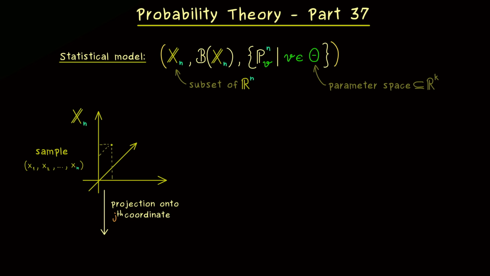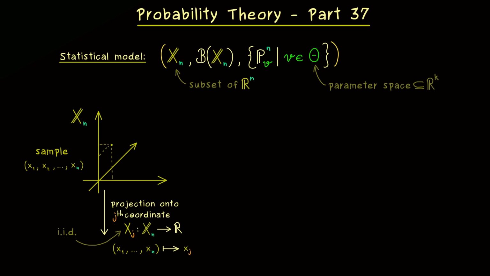So the projection onto the jth coordinate is what we can call capital Xj. And by definition, it maps the sample space Xn to the real number line. This means when you take a sample here, you forget about everything except the jth coordinate. Now, this definition is quite helpful because we get a whole sequence of random variables which are actually IID, which simply means they are independent and identically distributed.